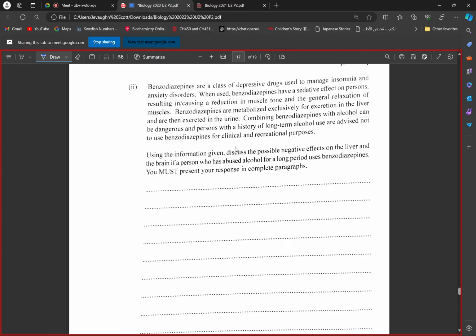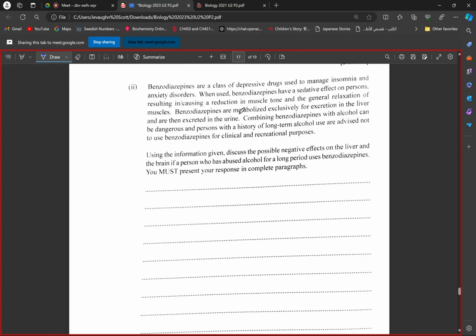Benzodiazepines are a class of depressive drug used to manage insomnia and anxiety disorders. When used, benzodiazepines have a sedative effect on persons, causing a reduction in muscle tone and general relaxation of the muscles.